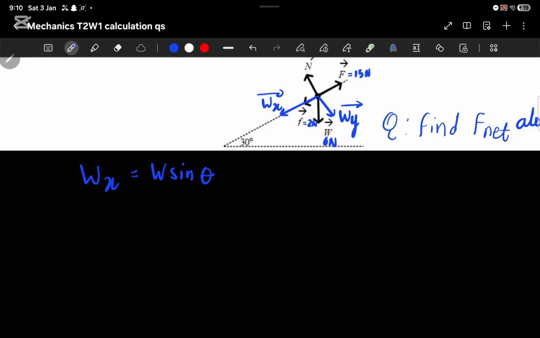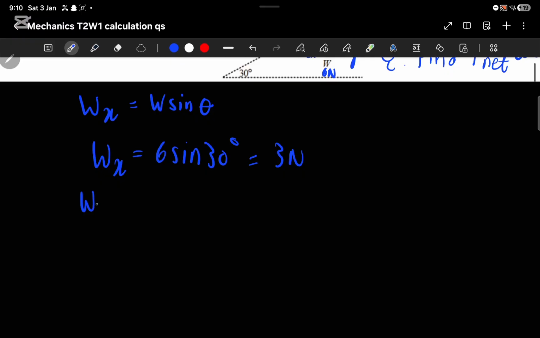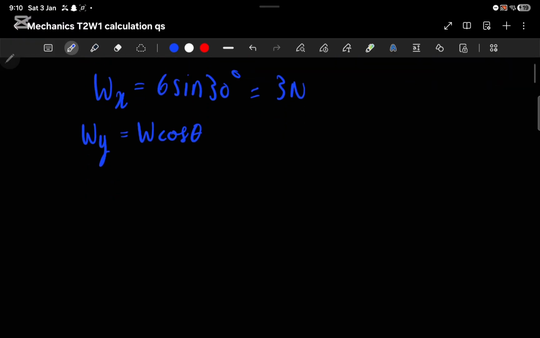So, now, wx is equal to w, which is 6, times sine 30 degrees, which obviously you don't even need a calculator for. This is just 3 newtons, because sine 30 is 0.5. Now, wy is w cosine theta, right?